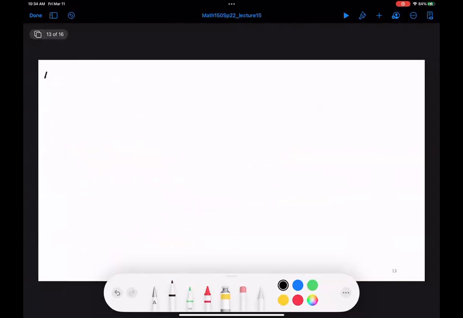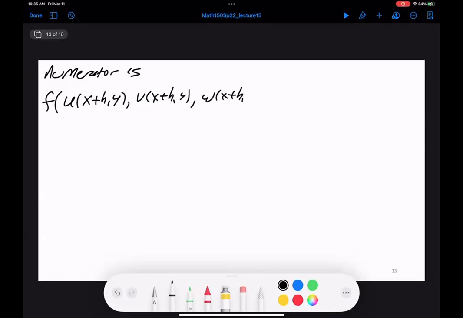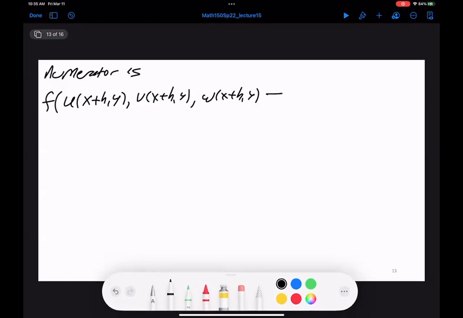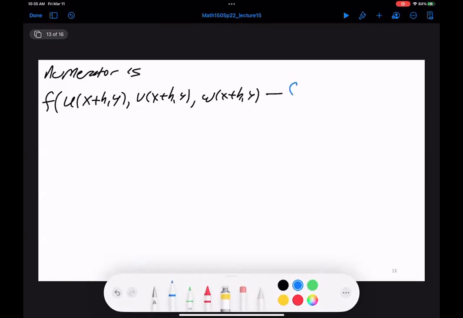And so what we're doing is the numerator is going to be f of u of x plus h, y, v of x plus h, y, w of x plus h, y, minus f of u of x plus h, y, v of x plus h, y, w of x, y.